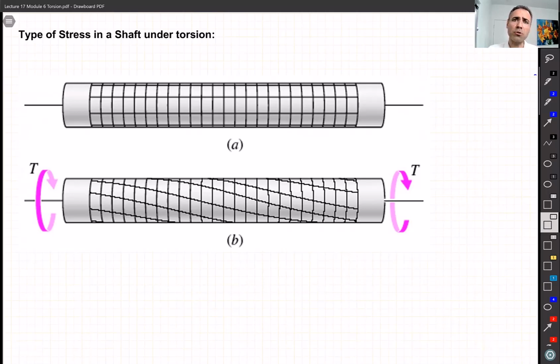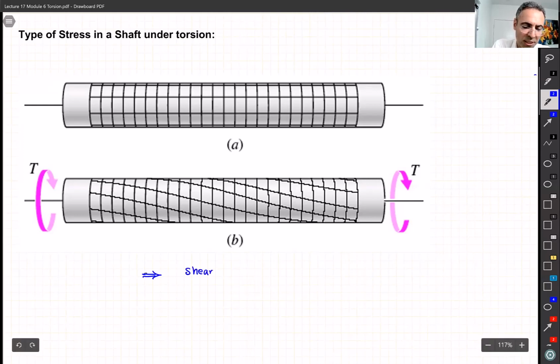Now, if I try to twist this shaft, all these discs try to basically slide on top of each other. Now, when I'm saying the word slide, it immediately implies that the type of stress that I'm creating is going to be shearing stress. So let me write. The type of stress is going to be shearing stress.